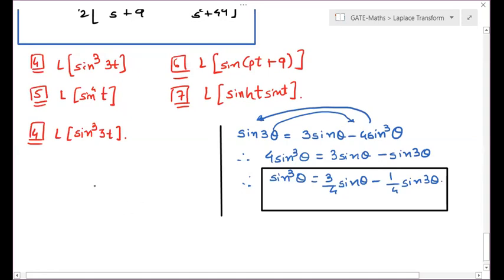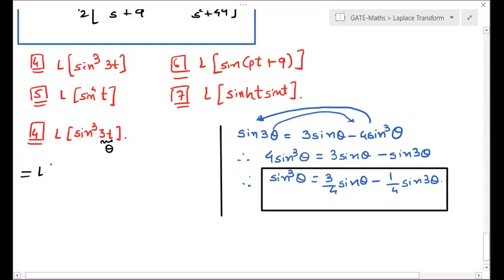Now see over here. So here 3t is my theta or not? Okay.